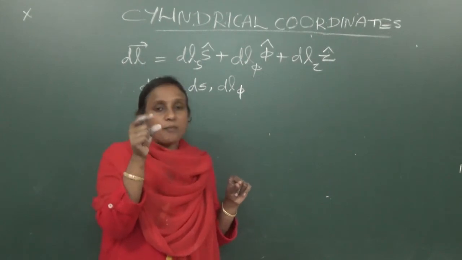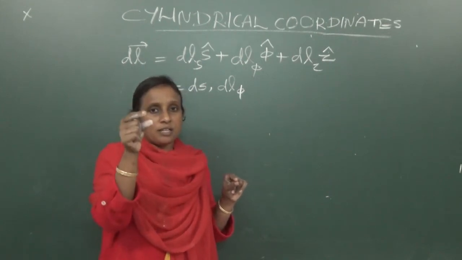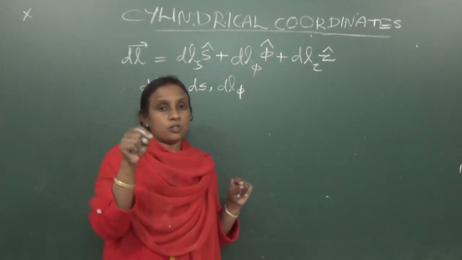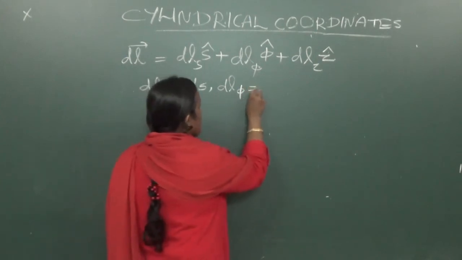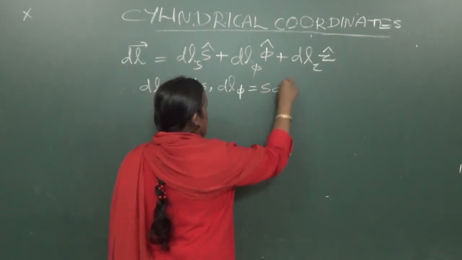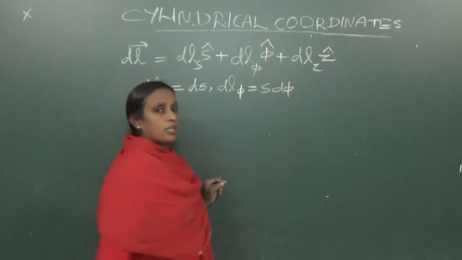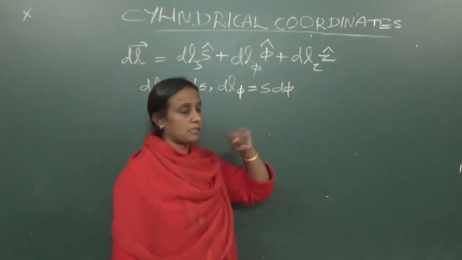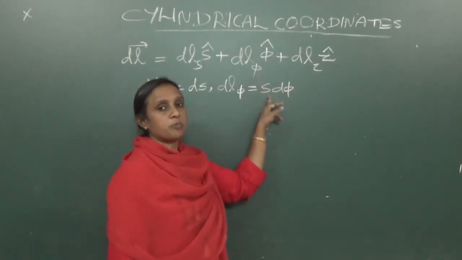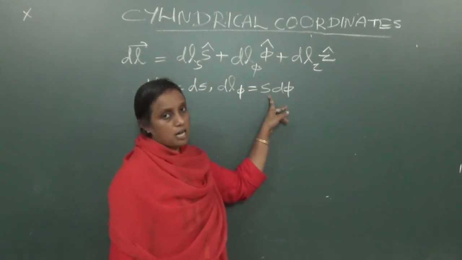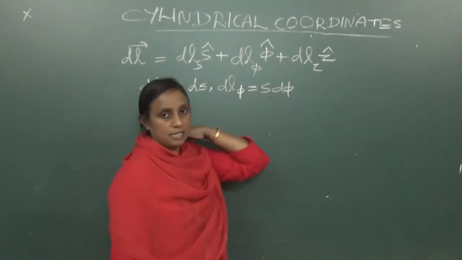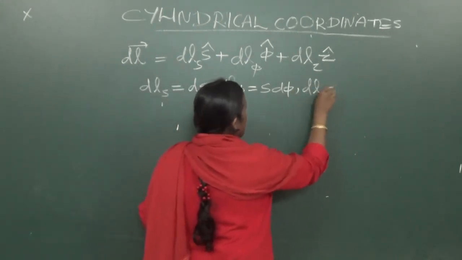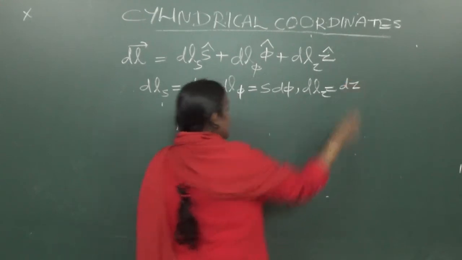The length element dl_phi is given by s d phi, the arc length, just like in the spherical system, where we defined r sin theta d phi. This time s plays the role of r sin theta. Then dl_z is equal to dz itself.